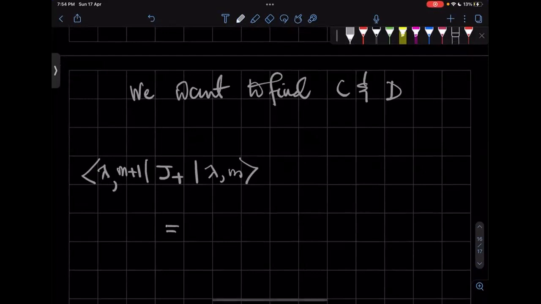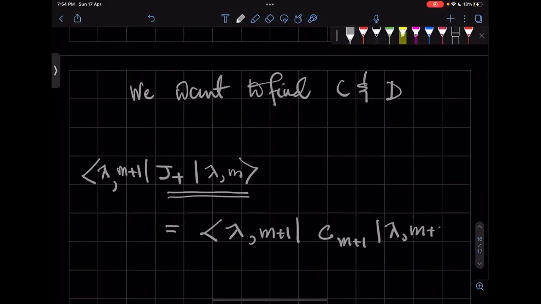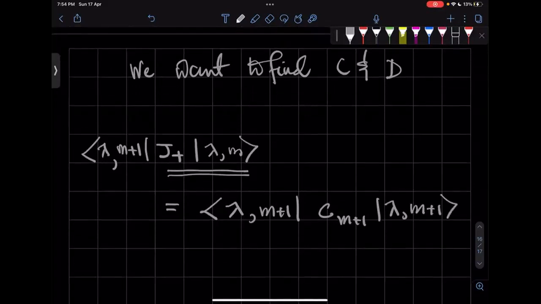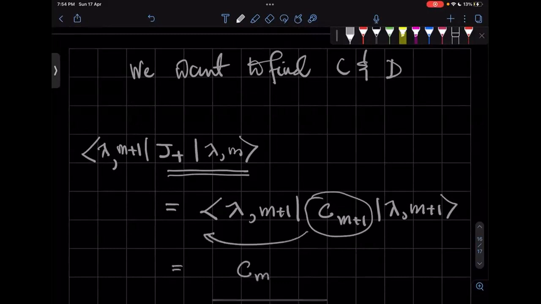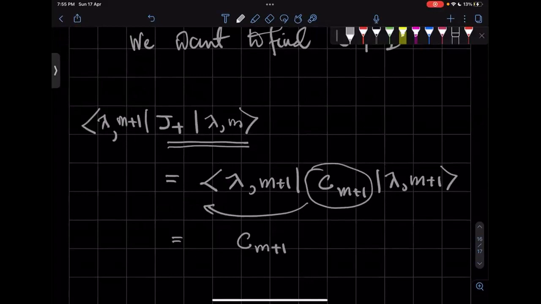But we know that J plus acting on lambda m is C of m plus 1 times lambda m plus 1, right? But this is just a number, so I can factor it out. So I have C of m plus 1. It's a complex number in general.